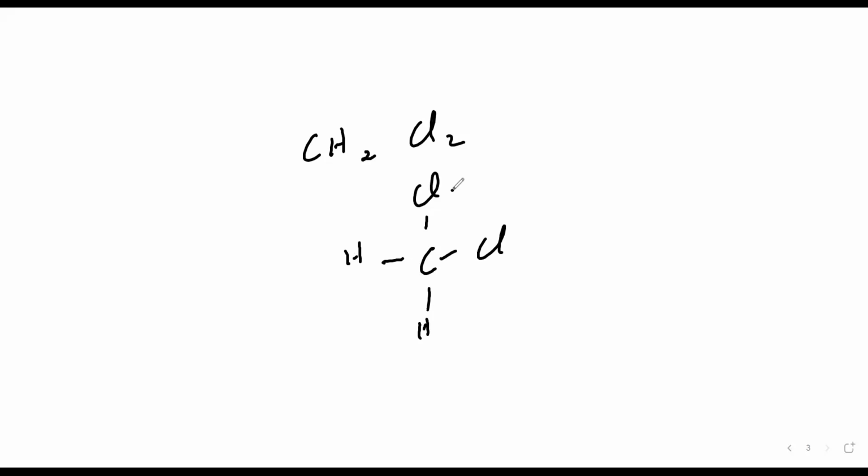Now again in this, chlorine is, this is a very simple thing, chlorine is more electronegative than carbon, and carbon is more electronegative than what? Hydrogen. So there will be a pull towards the right side. Okay, fine. Clear in this? Yes.